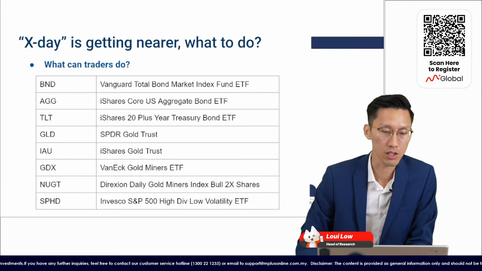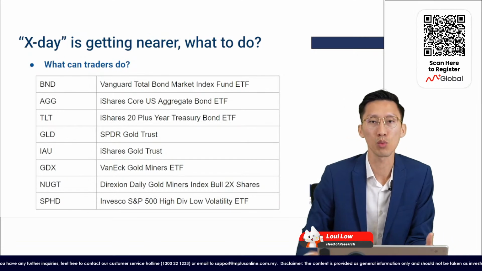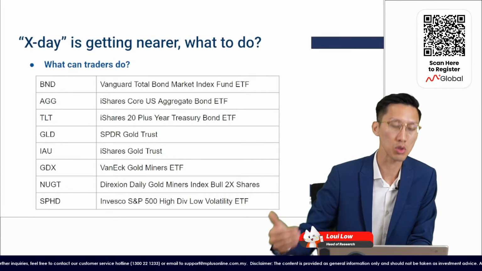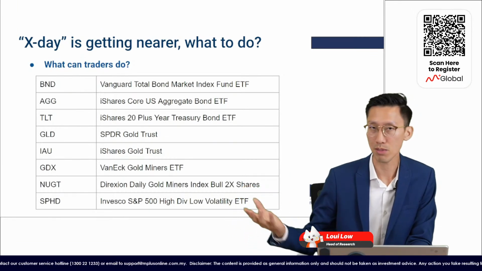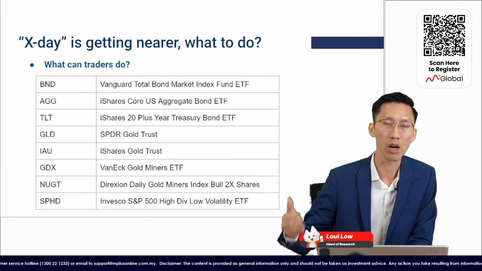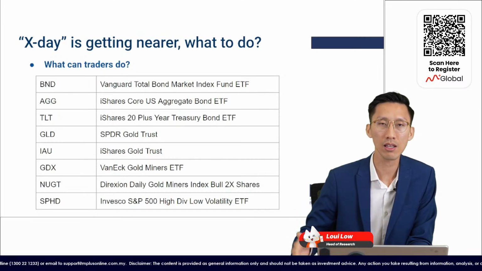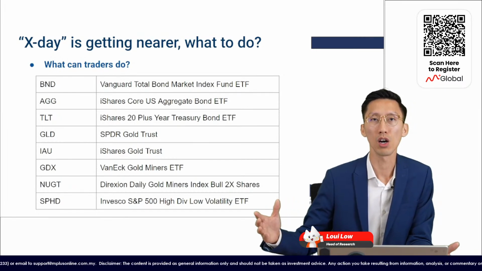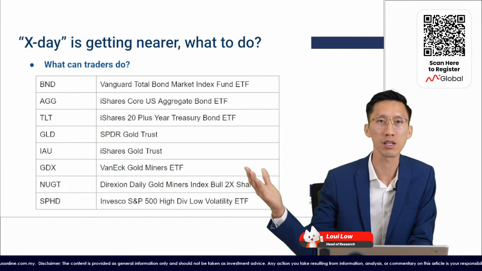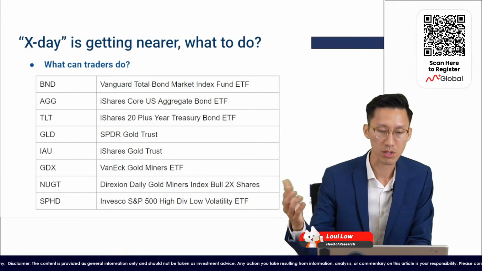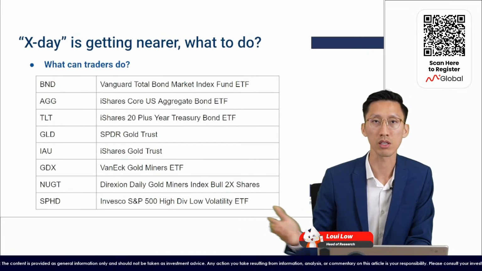So I just want to recap on what we can do for this X-day of the debt ceiling. Today, if they can't get to a conclusion on whether to increase or maintain the debt ceiling, perhaps that may trigger some sell-down in the market.